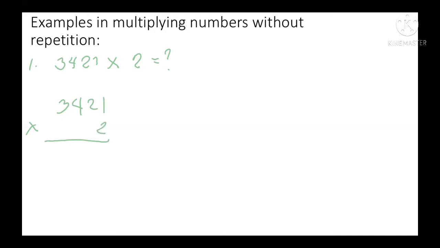So what is 2 times 1? It's 2. Very good. Next, after the ones place, we'll move on to the tens place. So what is 2 times 2? That's 4. Very good.